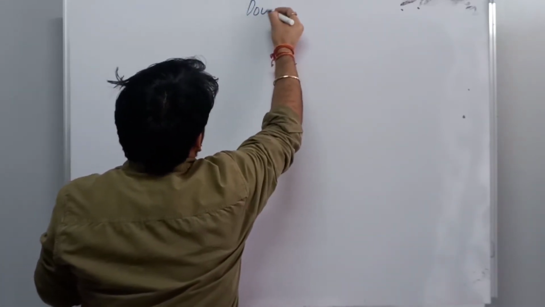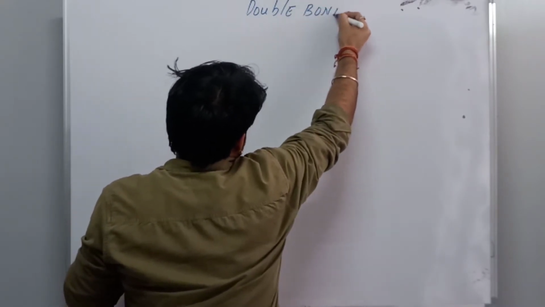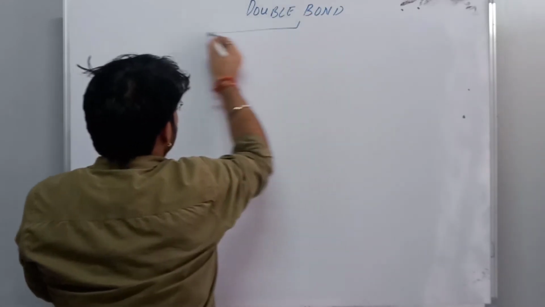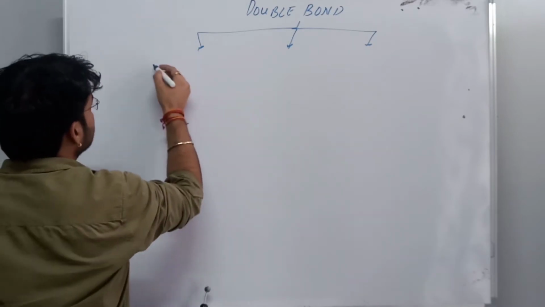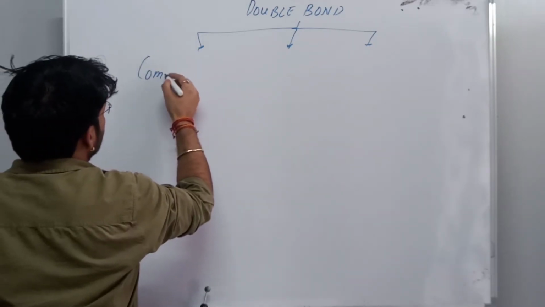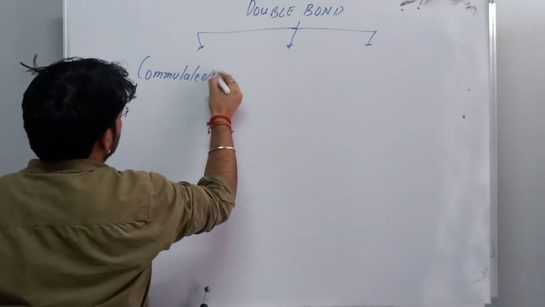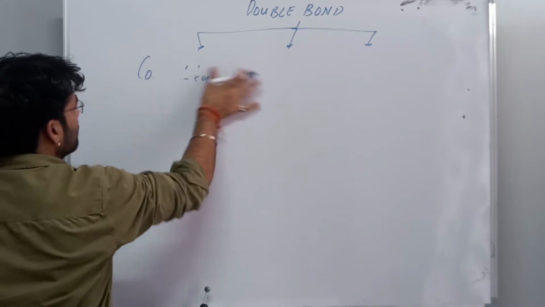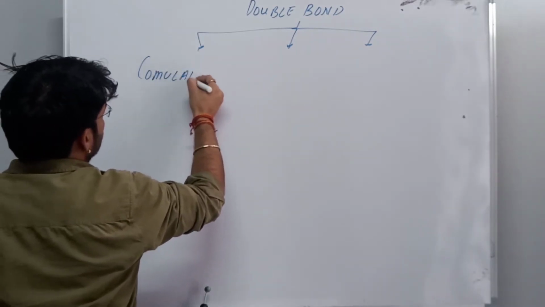There are three types of double bond. First one is cumulated. There is one M, I think, but a little bit of doubt with the spelling.